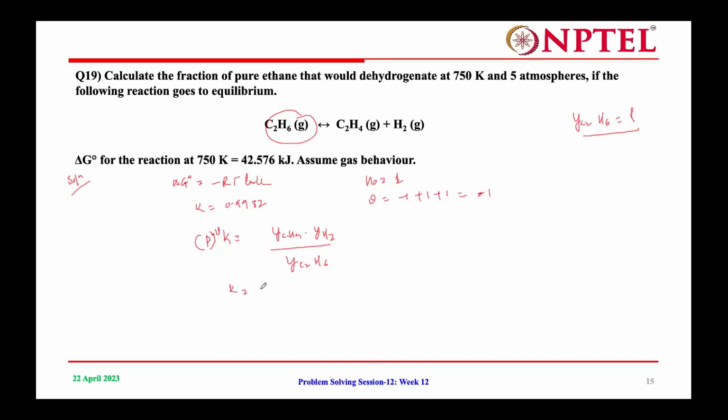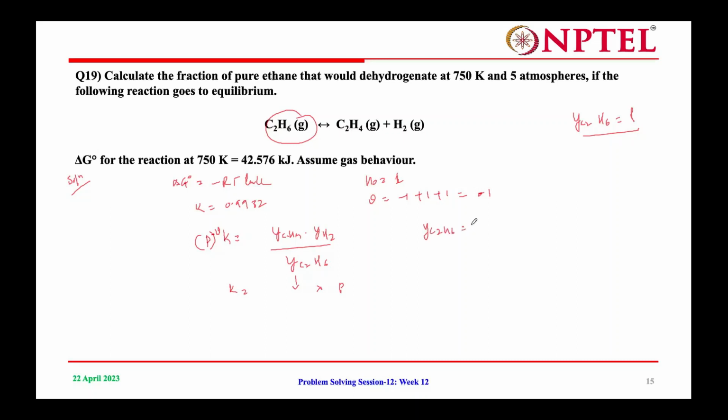So we can take P here, the same P. Now calculate the expression for the mole fraction of each species.